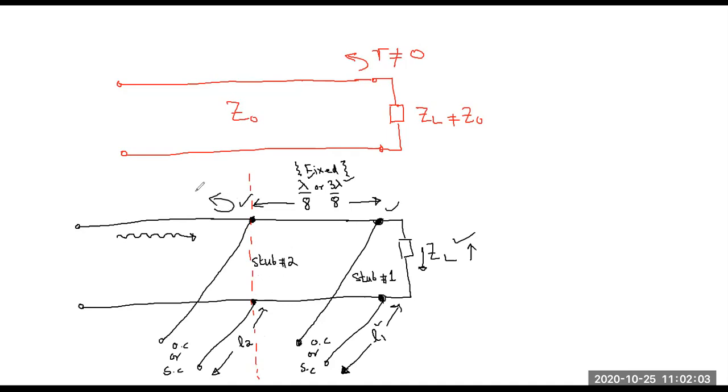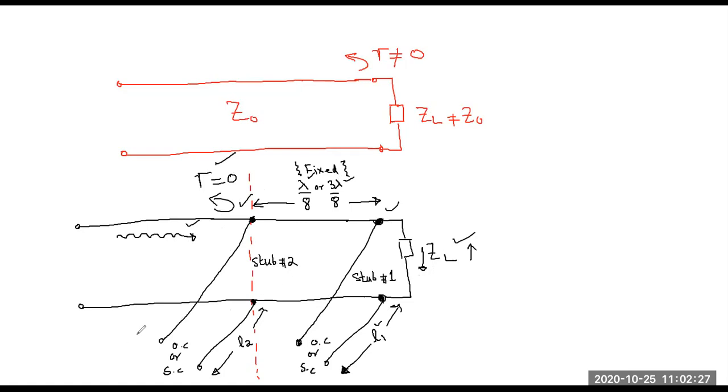As a result, the reflection coefficient will be 0. For this signal, it appears as if it is supplying power to a matched load. So we will find out how this happens, and what the effect of these two stubs is so that we get this condition.